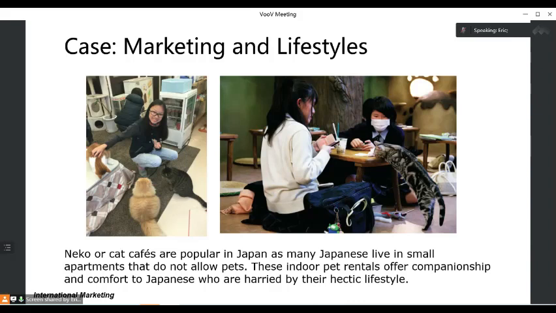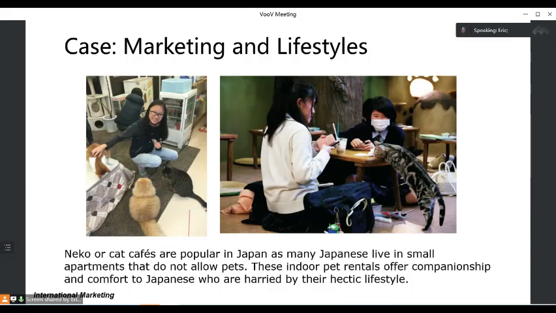It's difficult for them to find a boyfriend or girlfriend, and maybe they are hurt by an ex, so they want to get some warmth from pets.